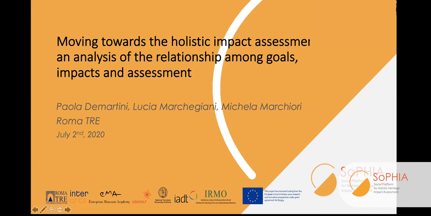The idea was to pave the way for the proper holistic impact assessment model definition or drafting. In this deliverable, we are focusing on the relation between goals, impacts, and assessment. In this presentation, we are going to explain in detail what we mean and what we kindly ask you to help us achieve.